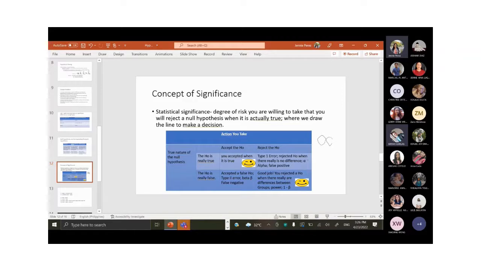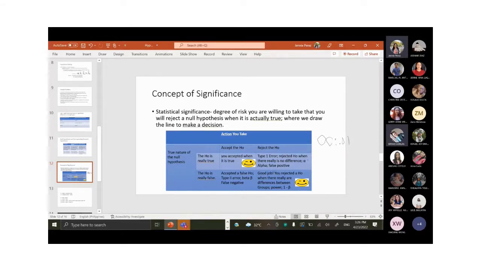Now, in research, hindi naman talaga tayo nagsasabi na dapat 100% accurate, walang error talaga. Okay, no, we don't make a claim on that. We allow for some error. And what is our boundary? Okay, we allow a probability of making a type 1 error of an alpha of 0.05.